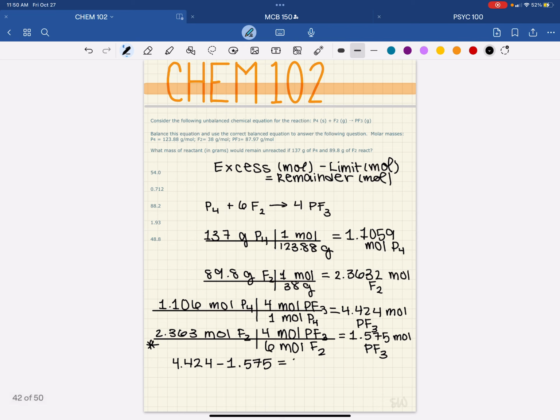So that gives me 2.848 moles of PF3 that could have been made.